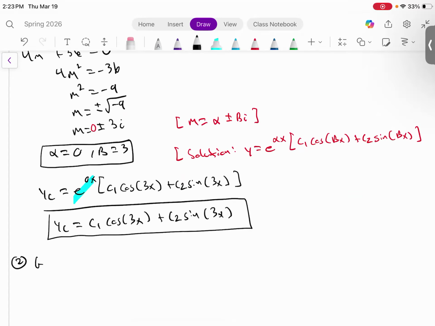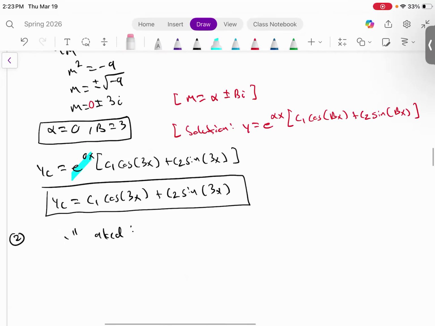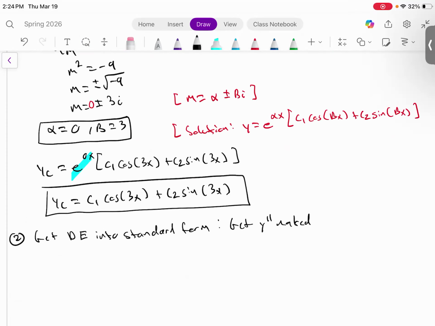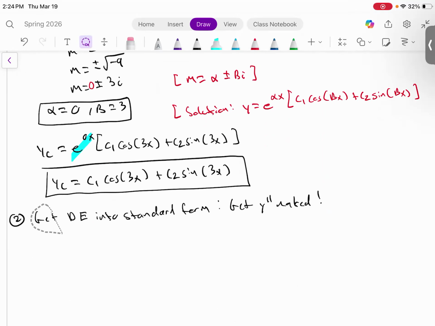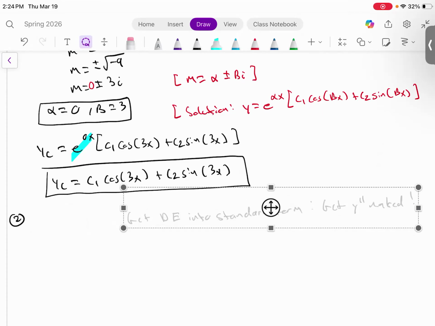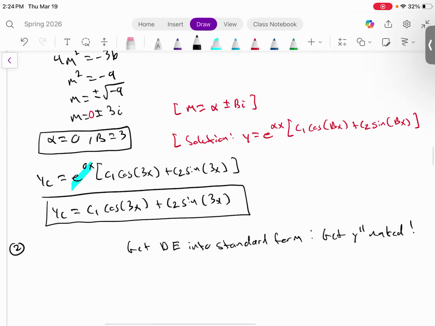So step two, I want to get y double prime naked, meaning get the differential equation into standard form, meaning get y double prime naked. Okay, so that's step two.